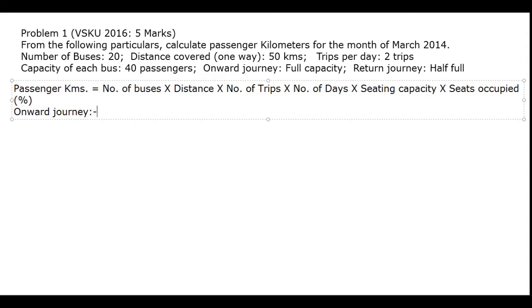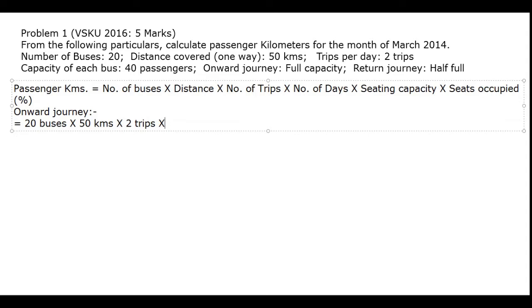So we'll apply this formula: number of buses given is 20 buses into distance one way it is 50 kilometers, into it makes two trips, that is it goes and comes back, two trips into number of days.